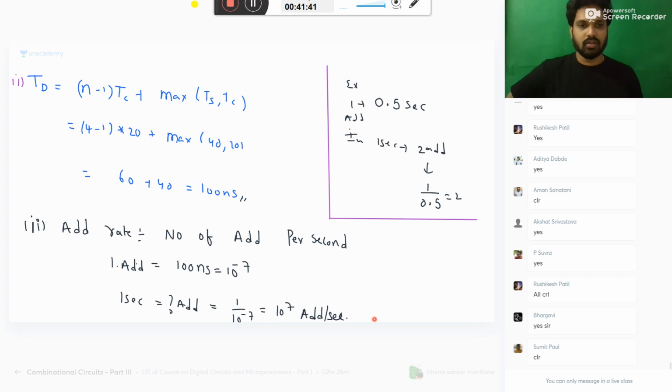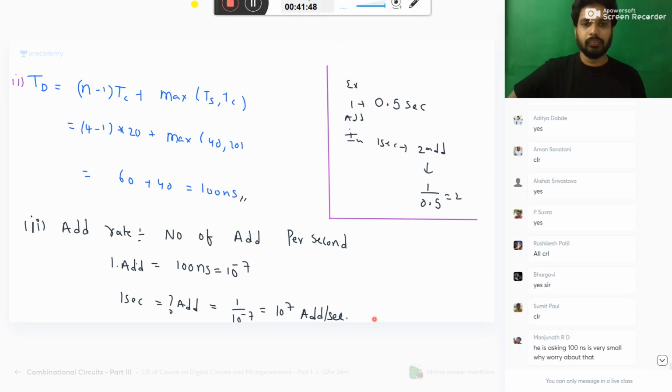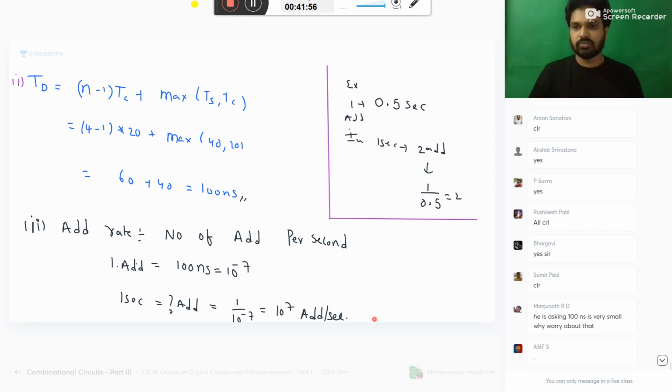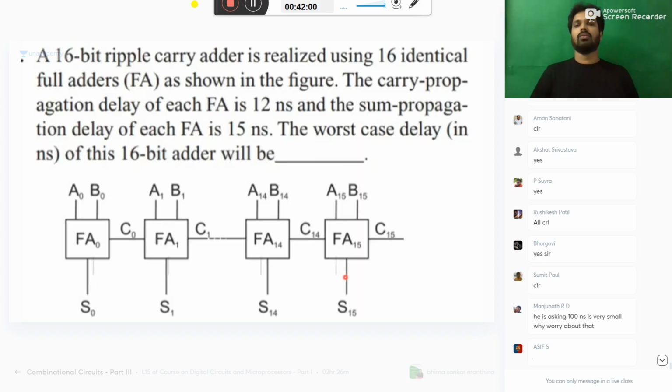So just wait. Okay. Don't comment your answers. I will give you time. Previous GATE question. No, 100 nanoseconds is not small, man. For a computer, it matters.